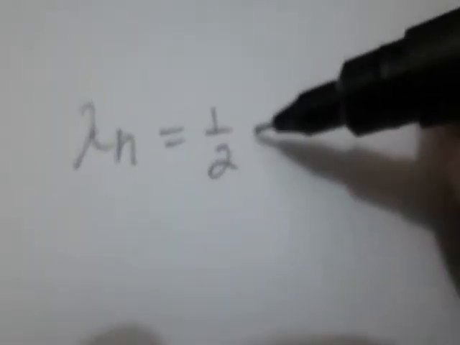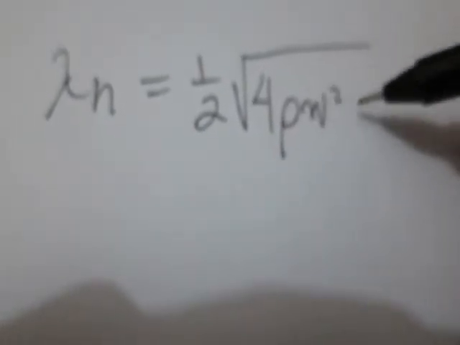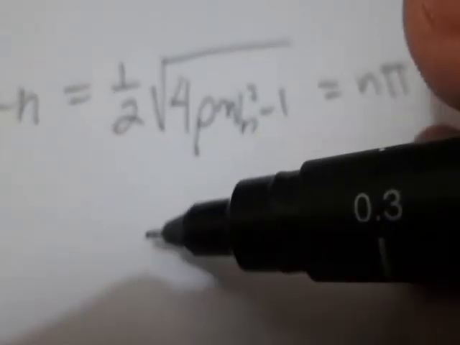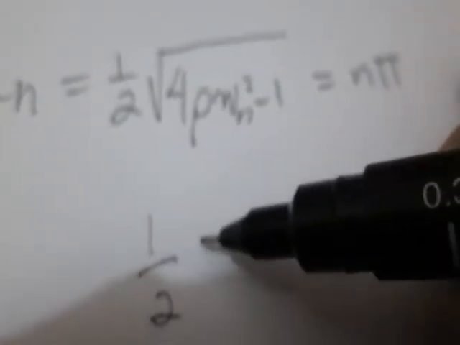Using the value of our lambda, which is this, and using this side, we can get the critical angular speed, which is, so we have 1 half.